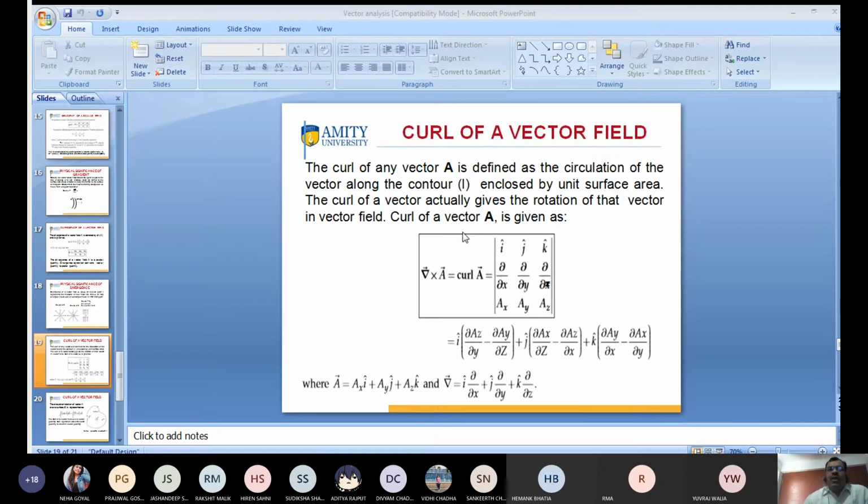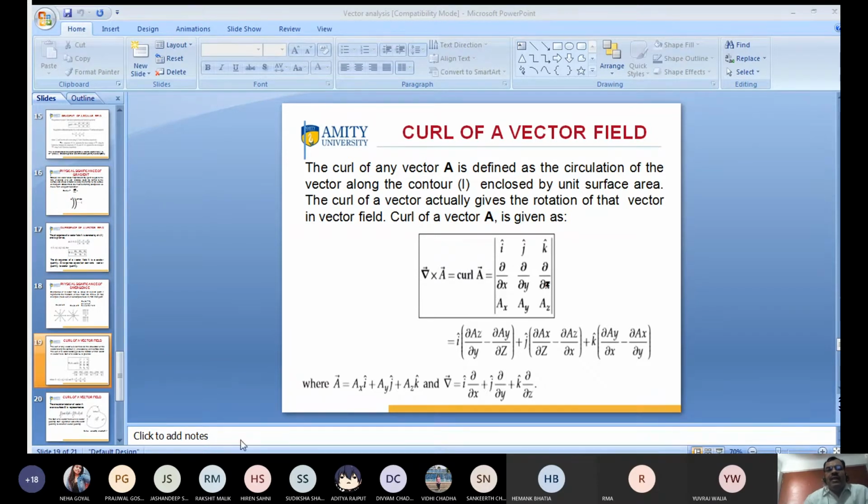So how to write it here? i times (del by del y of Az minus del by del z of Ay), plus j times (del by del z of Ax minus del by del x of Az), plus k times (del by del x of Ay minus del by del y of Ax).